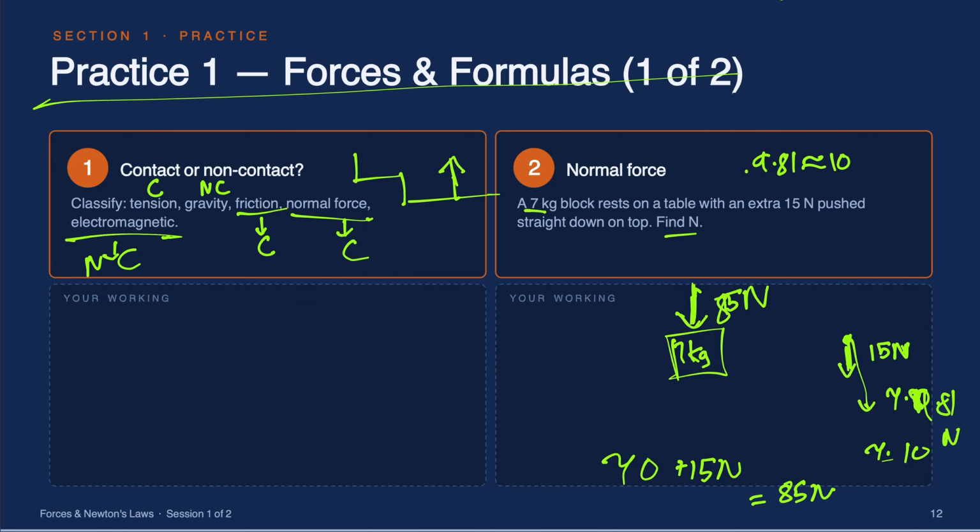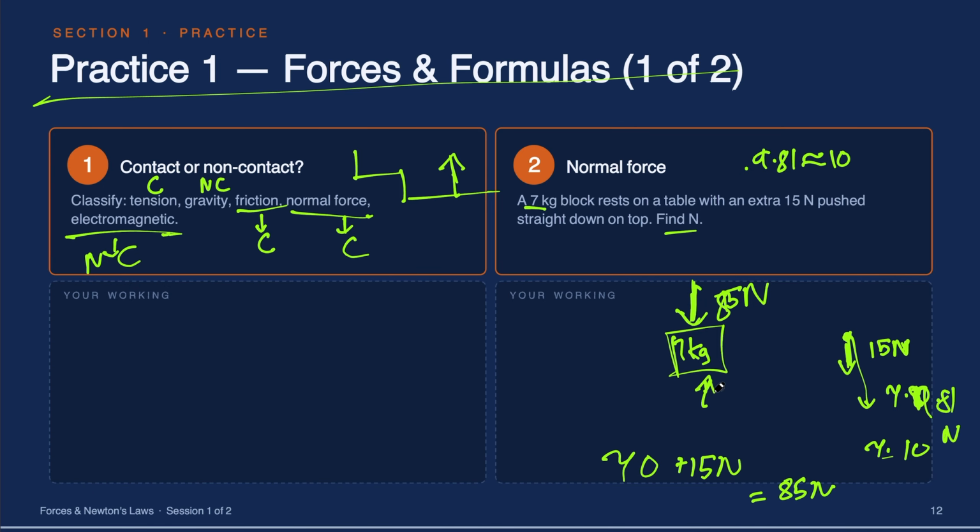What's keeping the block upward? Normal force, right? If the block is not smashing through the table, that means normal force has to match this force, so it's going to be 85 newtons, but in this direction, while the 85 newtons from pushing and gravity is in this direction.